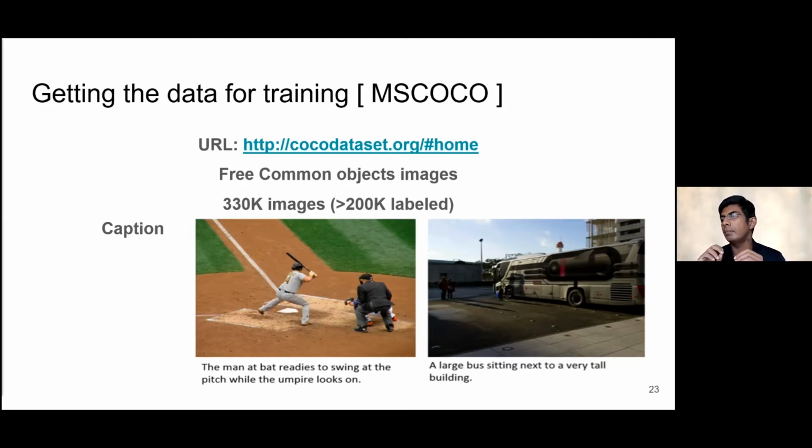The man at the bat ready to swing at the pitch while the umpire looks on. So you have that description attached to the image. And the second one is a totally different image, but you still have the associated metadata. A large bus sitting next to a very tall building. So we can use these during the training process.